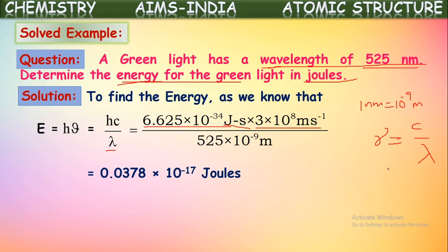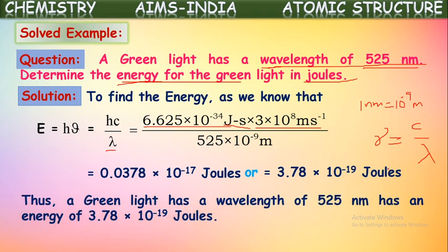In this way, by using these relations, we can find the unknown quantities from the known quantities. So here we found the energy in joules. Thus, a green light with a wavelength of 525 nanometers has an energy of 3.78 into 10 to the power of minus 19 joules.